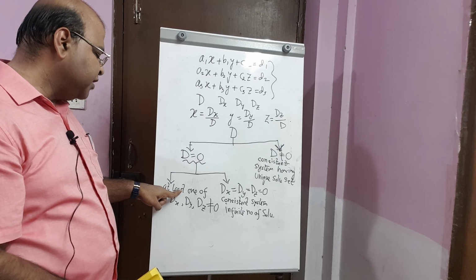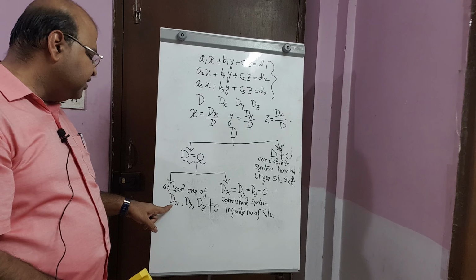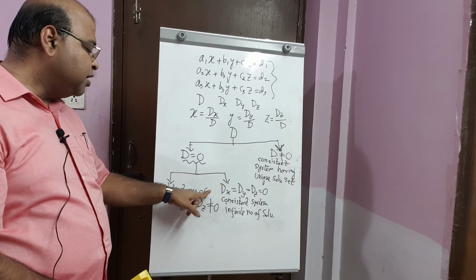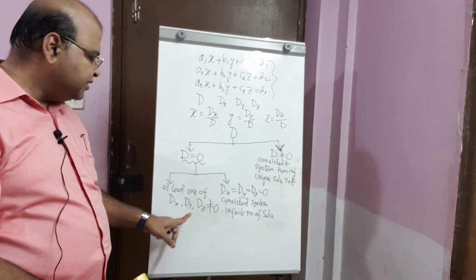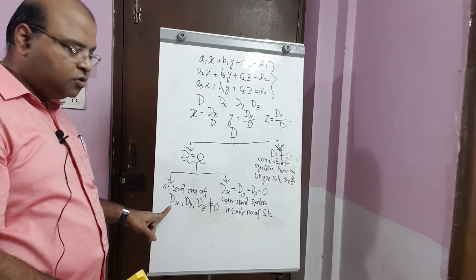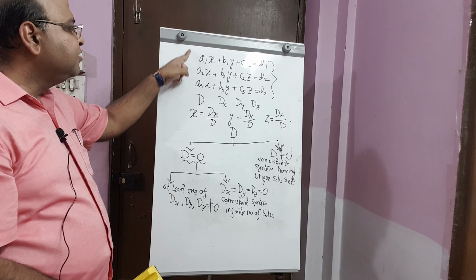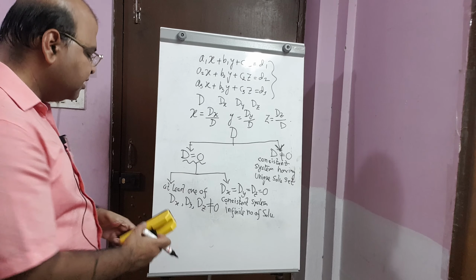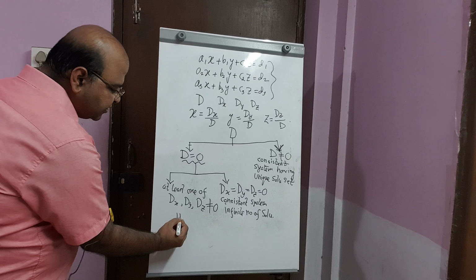At least means minimum. If a minimum of one of these three Dx, Dy, Dz becomes non-zero, it may so happen that two of them are 0 but one is non-zero, then also the system will be inconsistent. Under such a case, we shall have an inconsistent system.